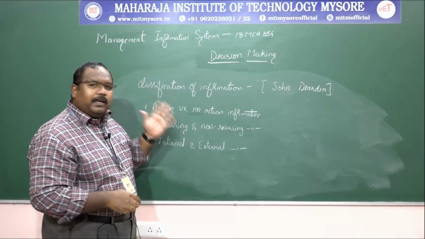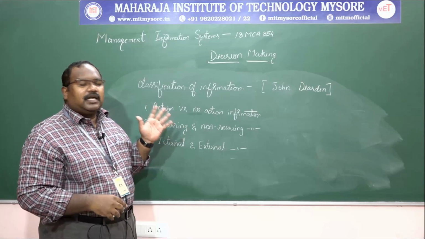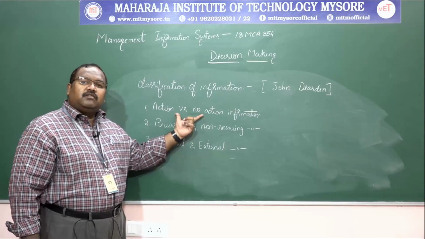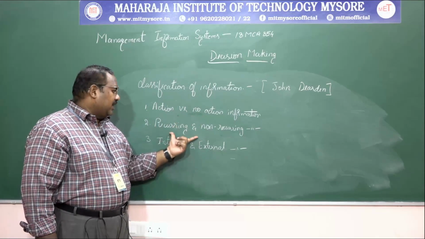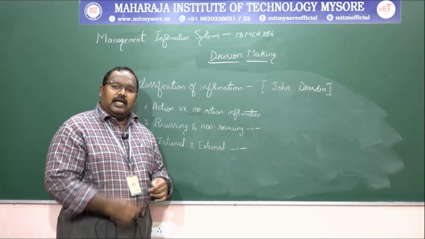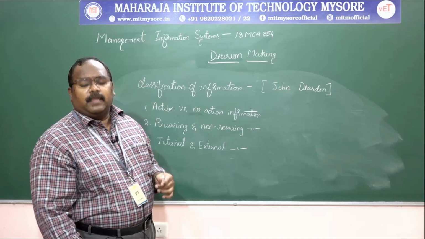So these are the three main methods of how information is classified as per John Dearden. First is action versus no action information, second is recurring versus non-recurring, and next is internal and external information.